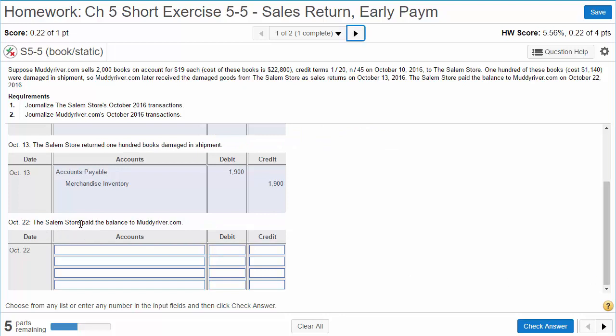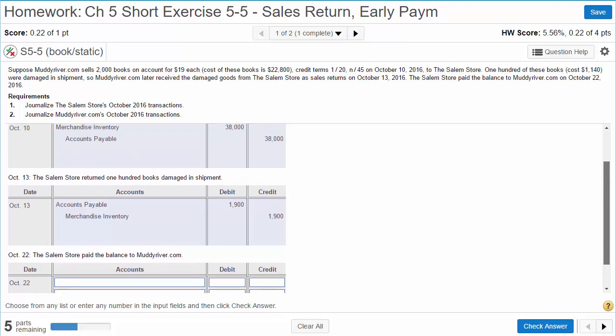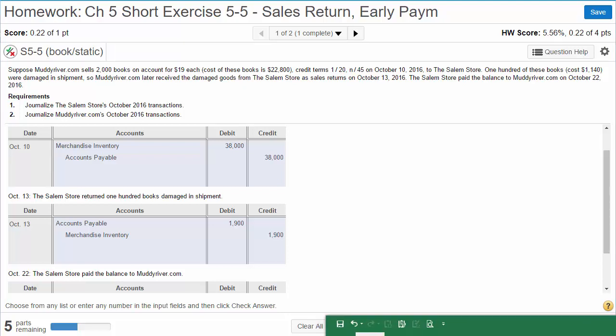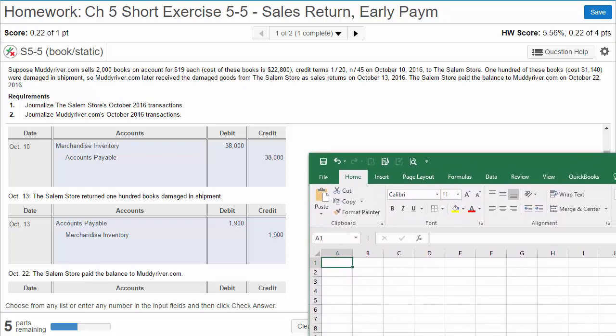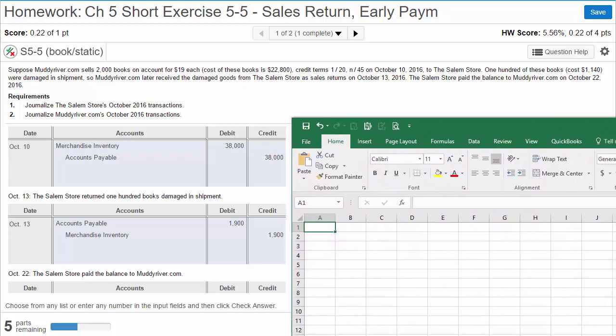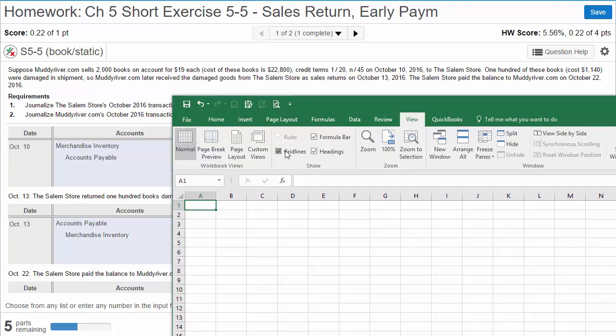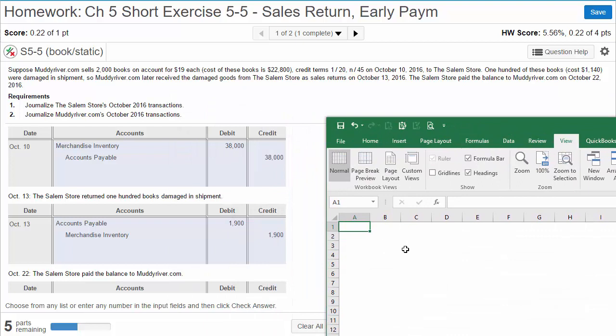And then it says the Salem store, again, that's us, paid the balance. So we have to figure out what our balance is. So on a piece of scratch paper, it's a good idea to do a T account for this AP. So I'm going to use Excel. I can't show you scratch paper very well, so I don't want to view the grid lines.